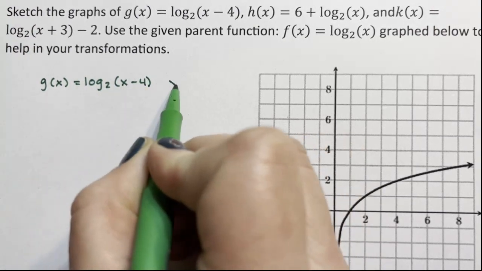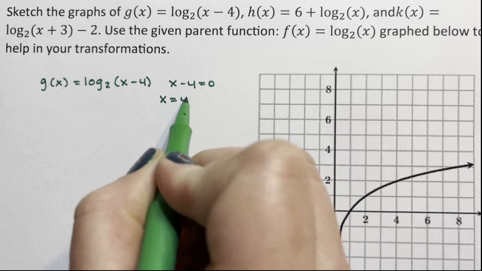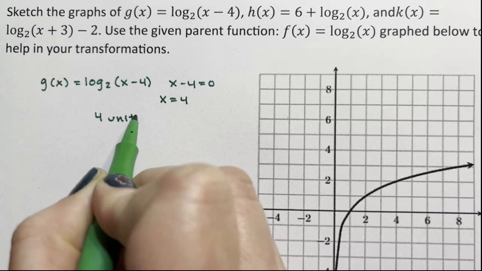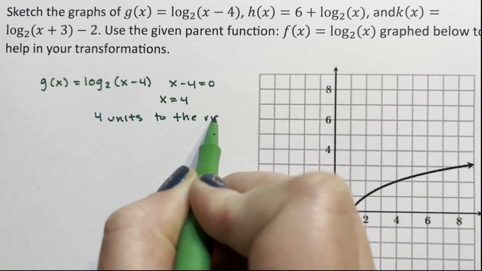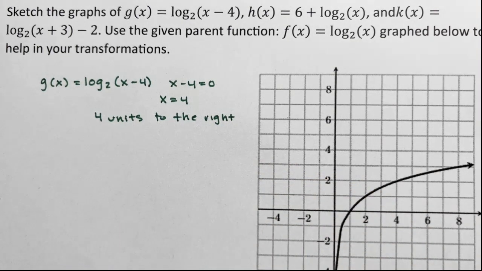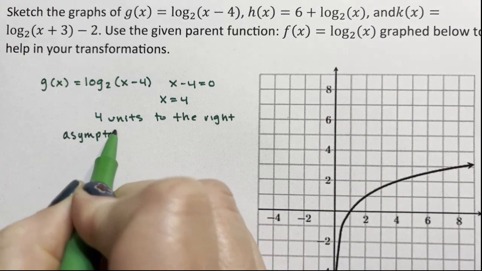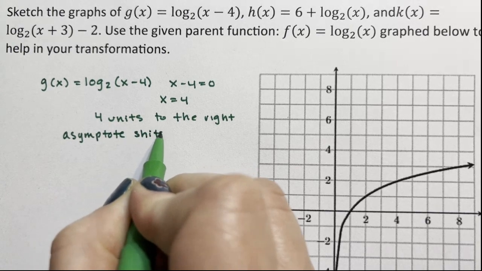This x minus 4 means that we're moving x 4 units to the right. When we move this, our y-axis is an asymptote. So the asymptote, one of my favorite math words, shifts too.